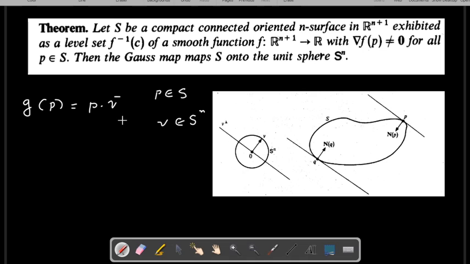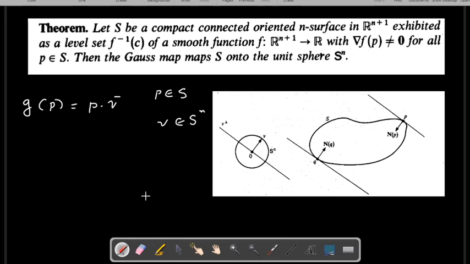This is the n surface. V is a vector, and that can be written as V equal to some p comma V. So at which point p, what is the vector v? That's the case. So this is the way I am going to define my g of p.